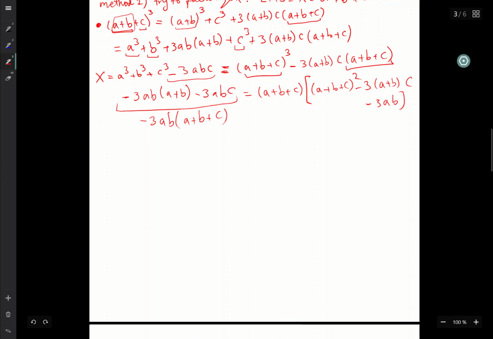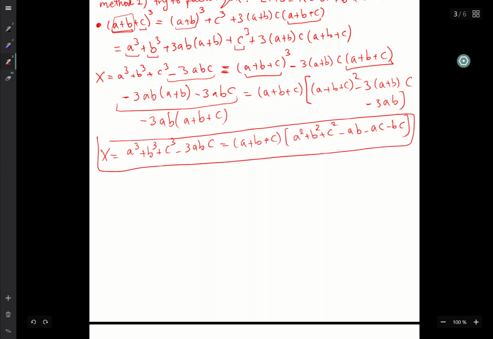So basically our x, which is a cubed plus b cubed plus c cubed minus 3abc, is equal to (a + b + c) times (a squared plus b squared plus c squared, 2ab minus 3ab is minus ab, minus ac, minus bc), okay?